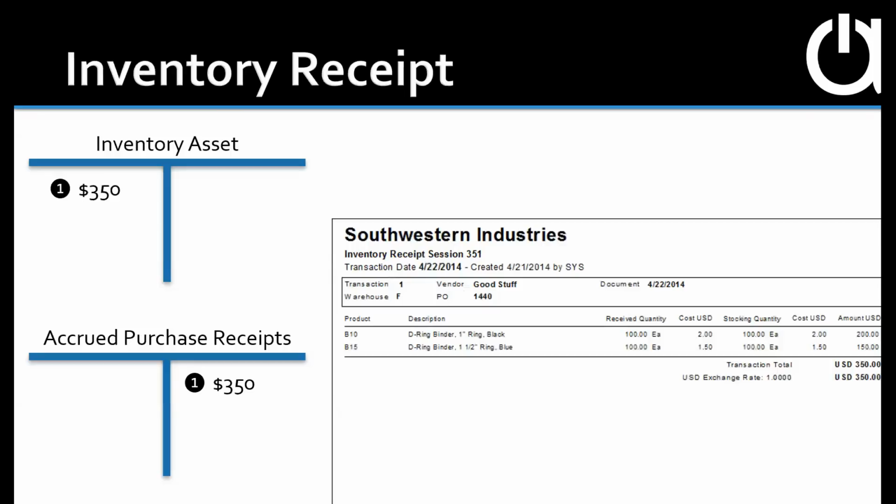If you're using this transaction to try and adjust your inventory, it's actually sitting on your balance sheet in accrued purchase receipts forever and ever, because there will never be an offsetting bill that will zero out that receipt.